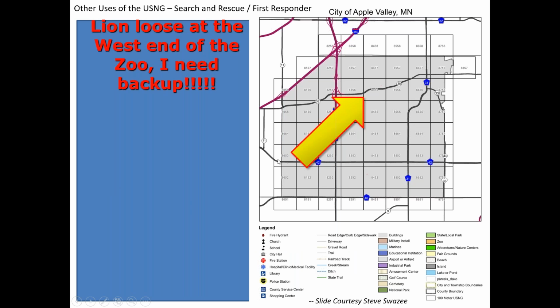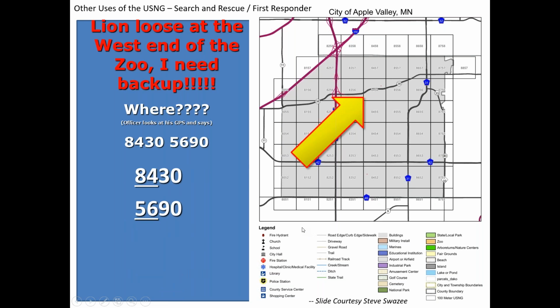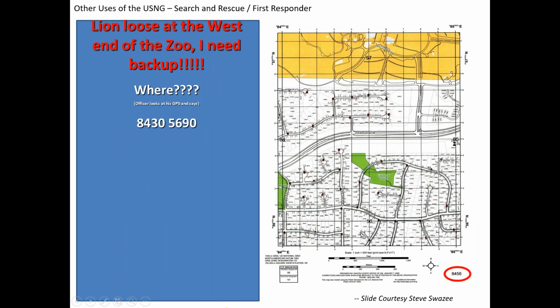And this is a true story of a zoo in Apple Valley, Minnesota, where the lion escaped. So the officer looks at his GPS and he just starts reading numbers. So this slide will give you a little more information on how the grid works, but that's not really the purpose of this.